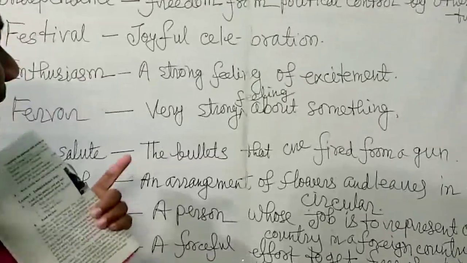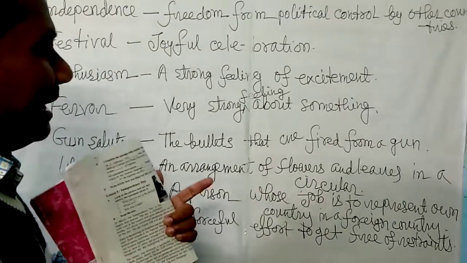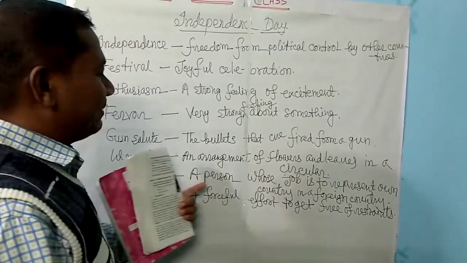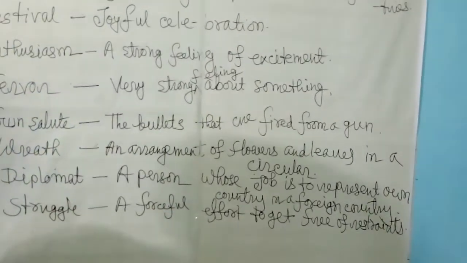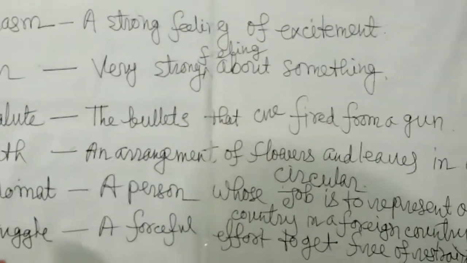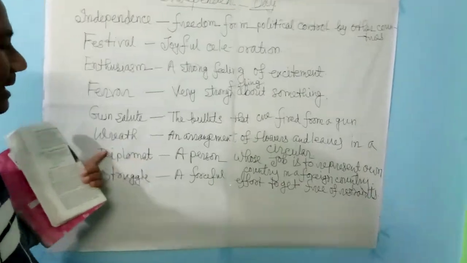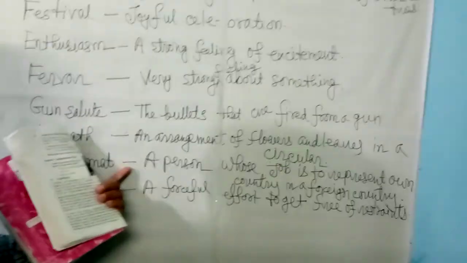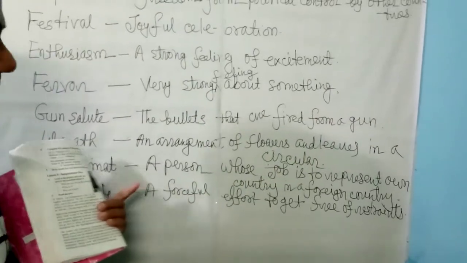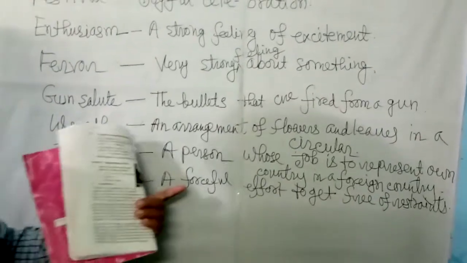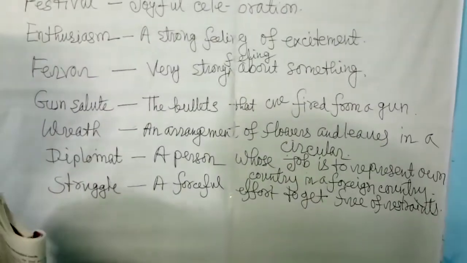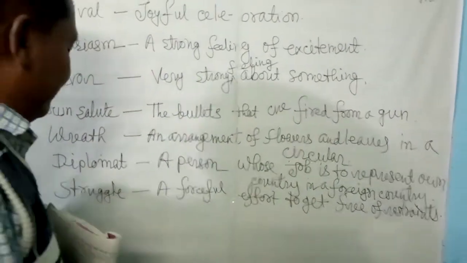Wreath, an arrangement of flowers and leaves in a circular shape. Diplomat, a person whose job is to represent own country in a foreign country. That means diplomat, in other words, you can see here ambassador or high commissioner. And struggle here, a forceful effort to get free of restraints.